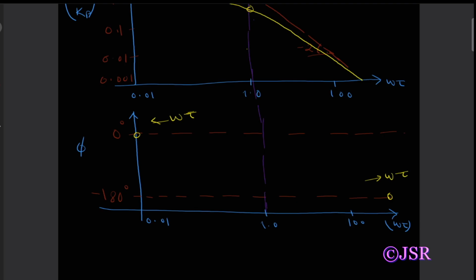When omega tau is equal to 1, in that case the phase shift is minus 90 degree.